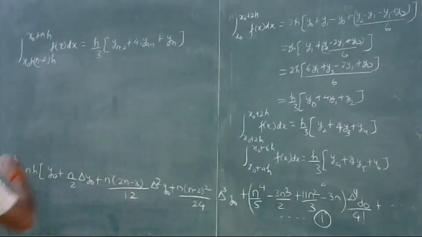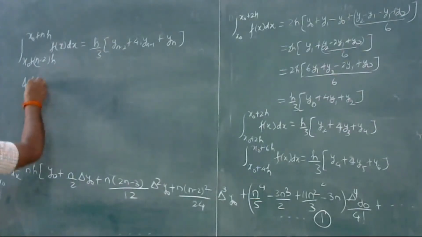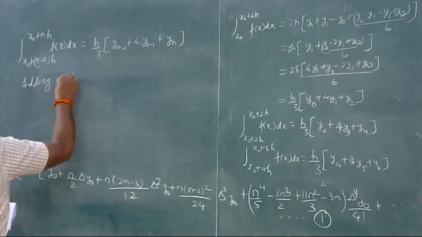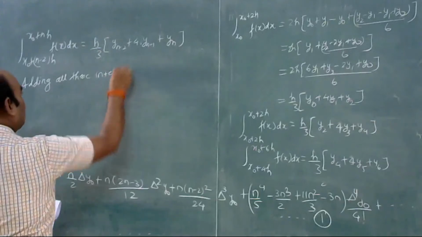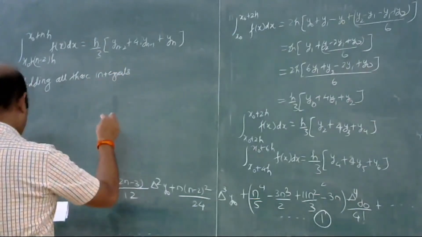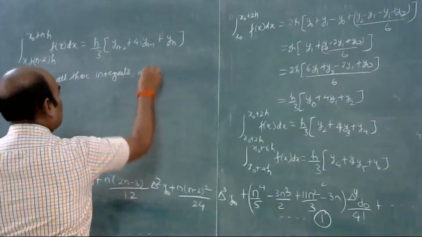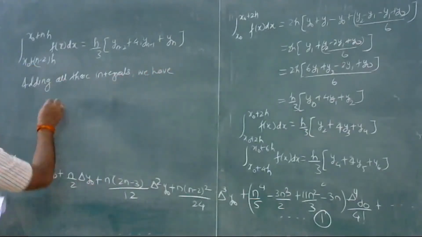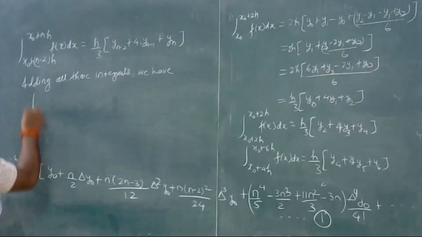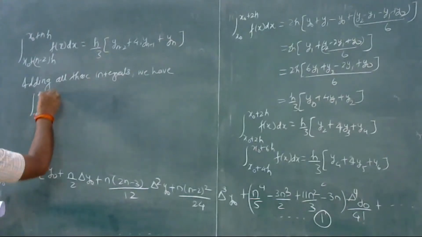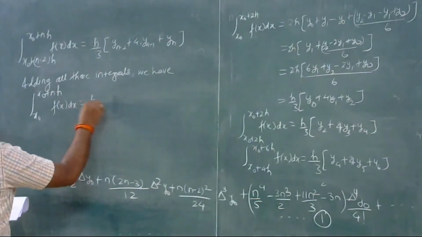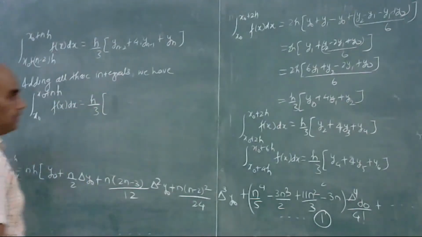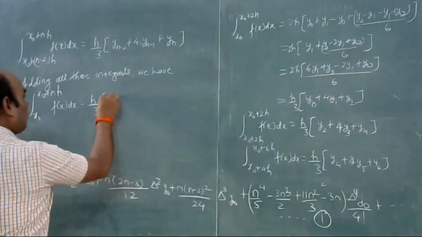So we can add all these integrals. Okay, so we have the integral from x naught to x naught plus n h of f of x dx is equal to h upon 3 times y0 plus y of n.